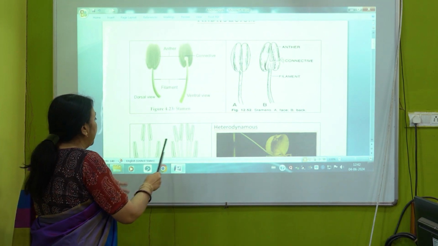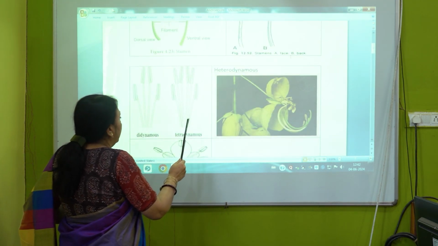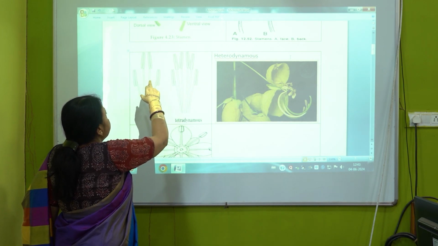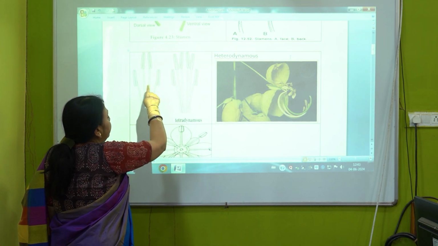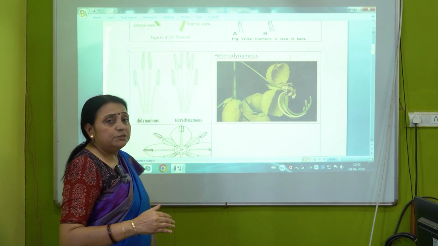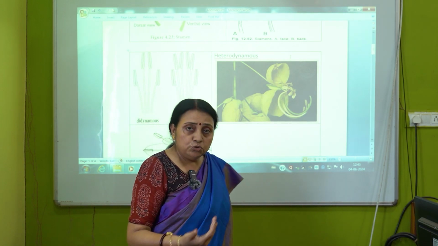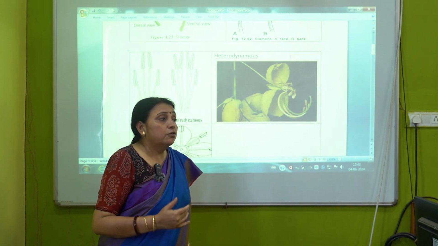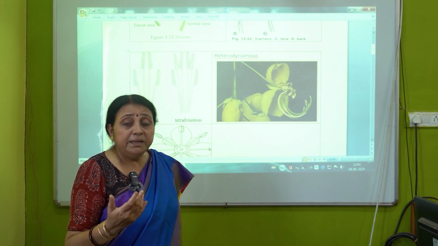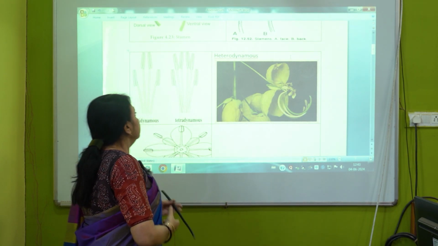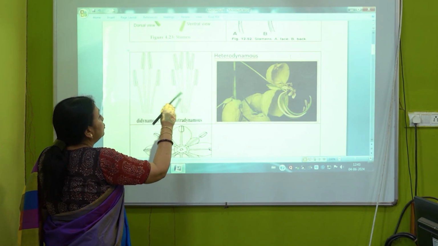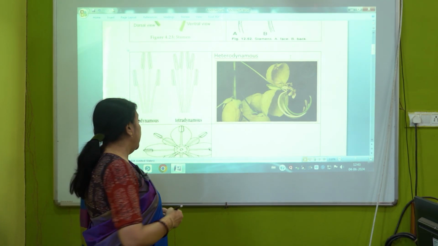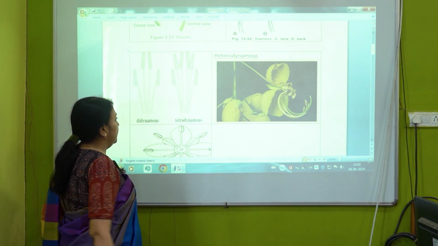Next, on the basis of the length of the filament, which varies from species to species, genus to genus, and plays a vital role in the preparation of the taxonomic key, anthers are of 2 types: the didynamous type and tetradynamous type.